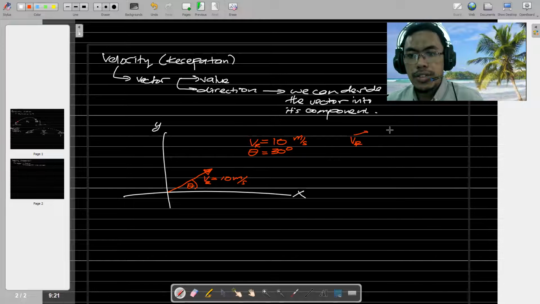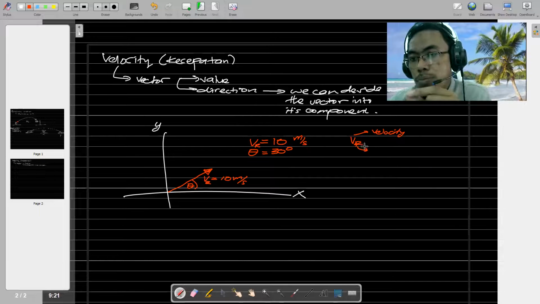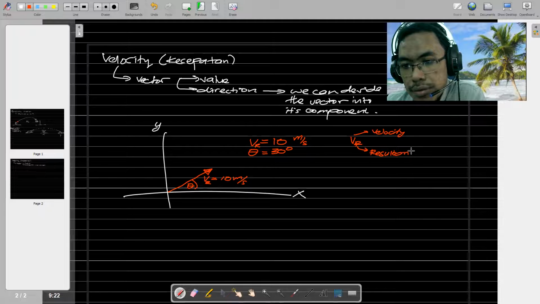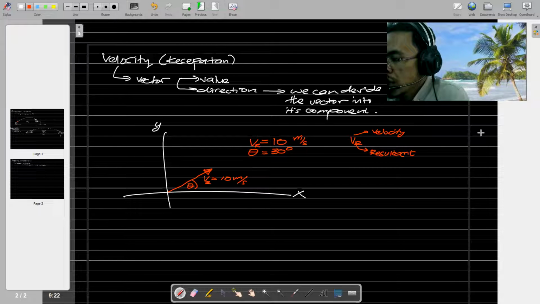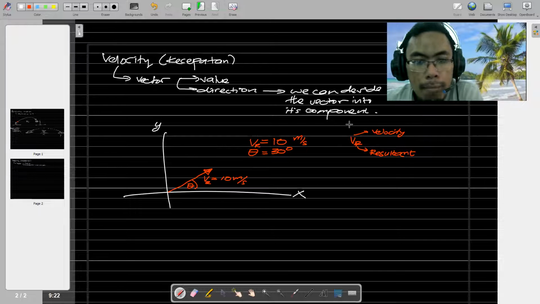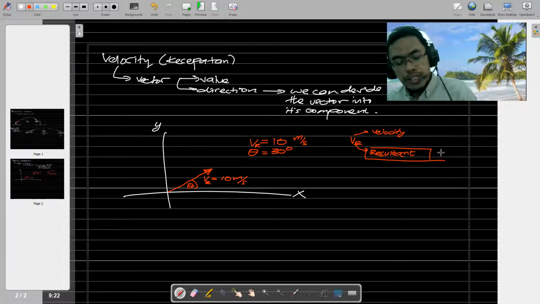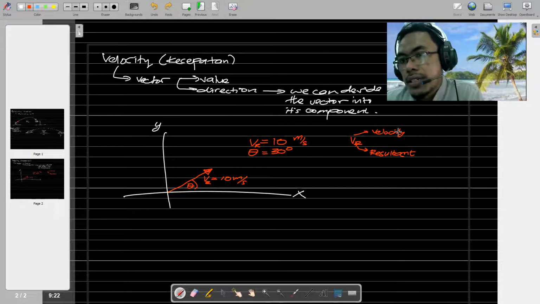The v stands for velocity, meanwhile the subscript R stands for resultant, because this one is a resultant. So actually, the velocity itself is a combination of its components.